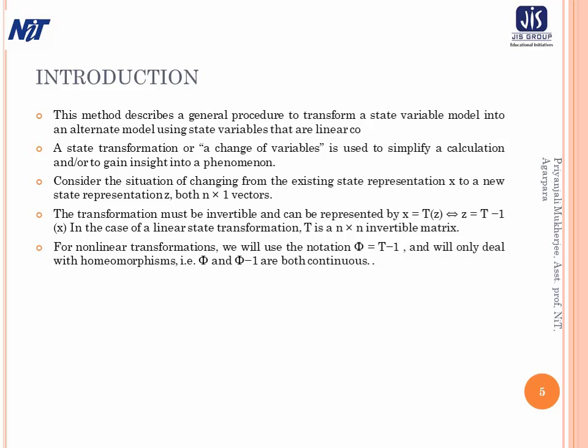In the case of the linear transformation, T should be an n by n invertible matrix. If we use a nonlinear transformation, we will use the notation phi equal to T inverse. So in this video, we will consider the similarity transformation and the diagonalization of the system.